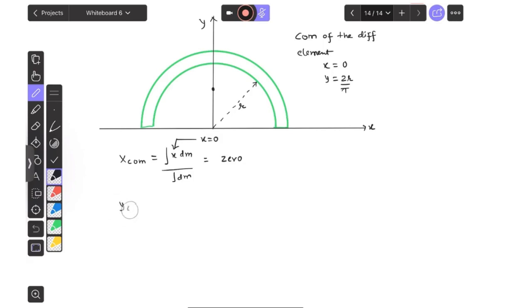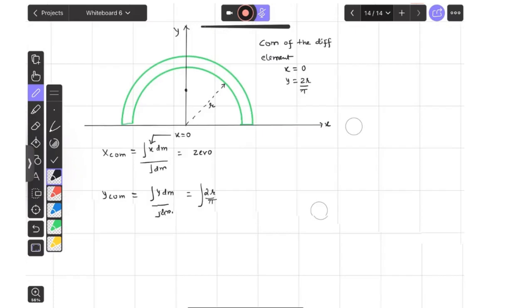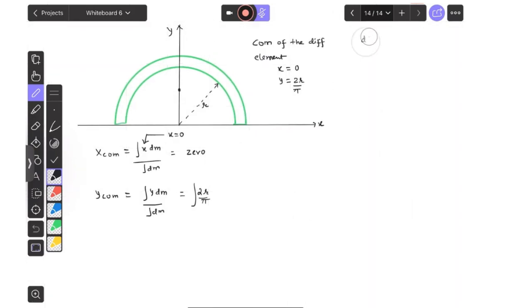So what will be our ycm? That will be integral of y dm by dm. And what really is our y here? The y coordinate of the center of the mass of the differential element, which is 2r by pi. For dm we have to plug in everything we have found. dA we got as pi r dr. And what was our surface mass density? M by the total area, which is pi R square by 2.